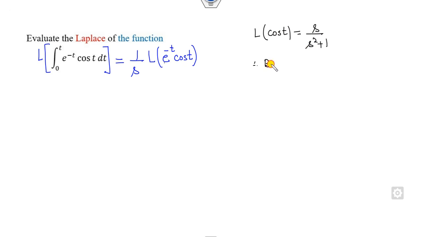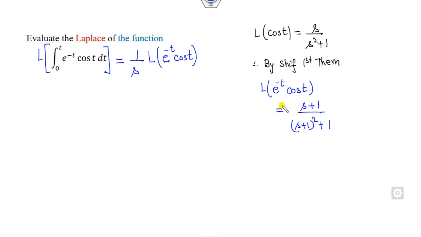So by the first shifting theorem, Laplace of e raised to power minus t cos t will replace s with s plus 1. I can substitute this value here: 1 over s times (s plus 1) over (s plus 1) square plus 1 is the right answer of this problem.